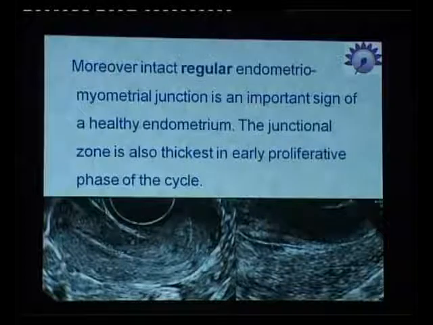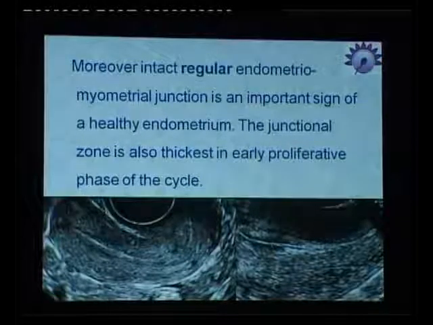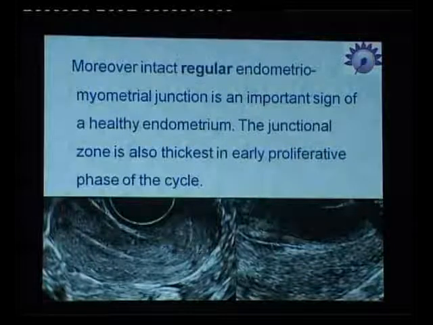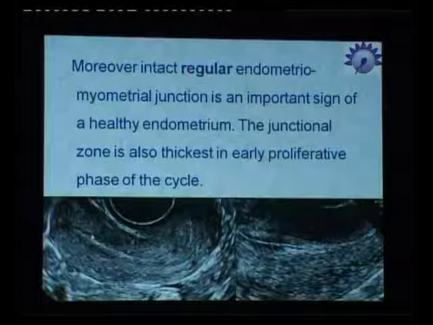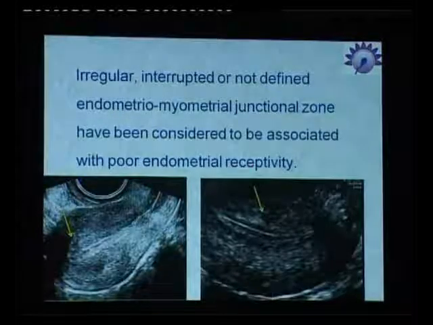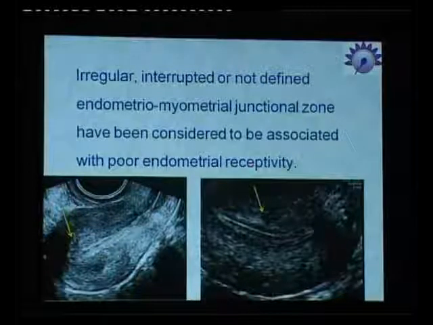Moreover, the intact regular endomyometrial junction is an important sign of a healthy endometrium. And the junctional zone is also the thickest on the baseline scan when the endometrium is the thinnest. So that is also why we must always do a baseline scan and check the endometrium for assessment of its receptivity.